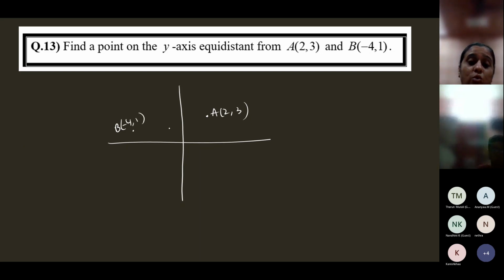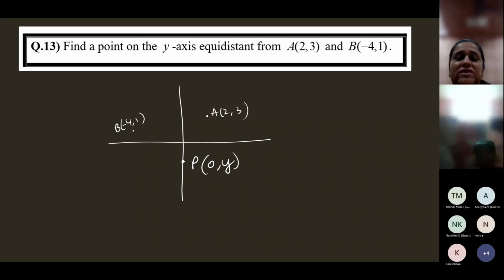You need to find a point on the y-axis. So maybe here, maybe here. Let that point on the y-axis be 0, y, because we know that any point on the y-axis has its x coordinate 0. The x coordinate is always 0.